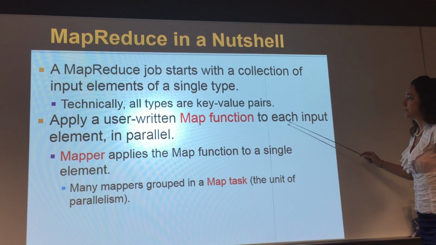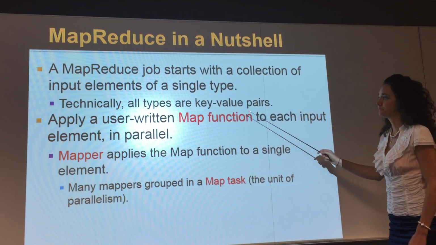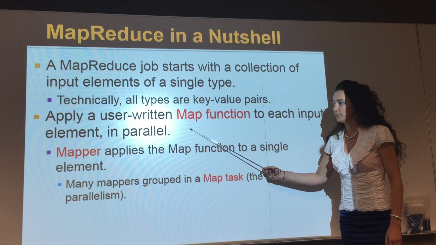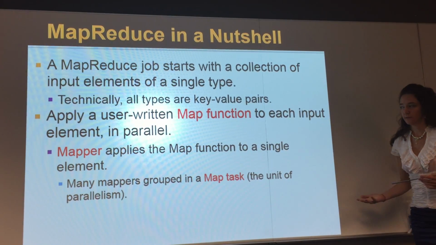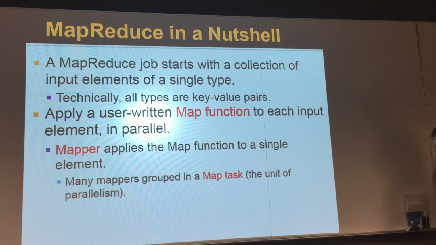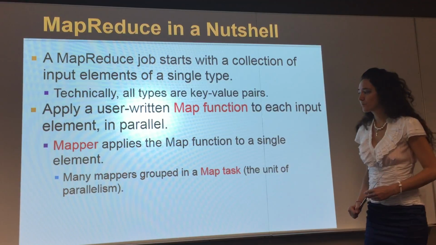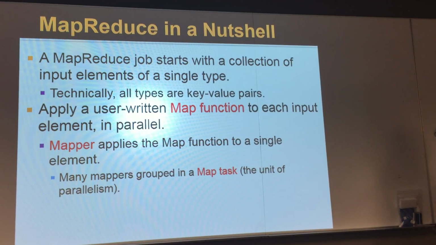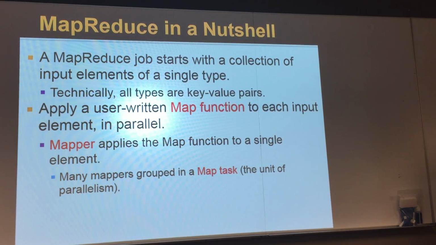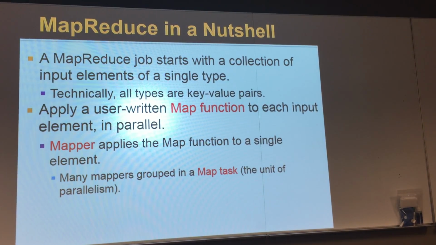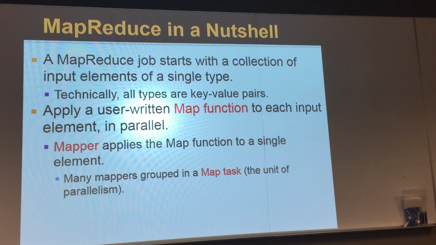And each input element, which is that key value pair, is processed in parallel. How is that happening? Because there is a mapper that applies the map function to a single element, and there could be many of those mappers. If we group them together to process the job, that will be called a map task.